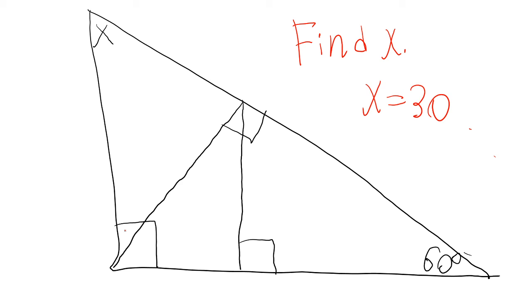This is a right angle, this is 60 degrees, and this is x. The 60 degree angle is an angle of the bigger triangle, and x is also an angle of the bigger triangle. We also have a right angle, which is an angle of the bigger triangle. If we disregard all these lines, we have a 90 degree angle and a 60 degree angle, and this is going to be a 30 degree angle since 90 plus 60 is 150, and 180 minus 150 is 30.